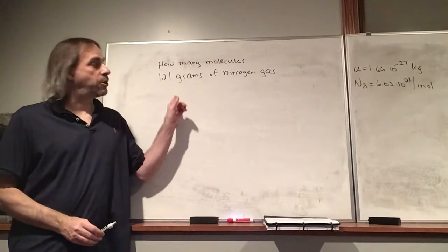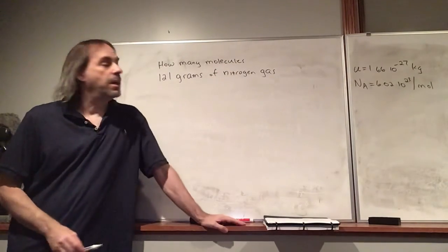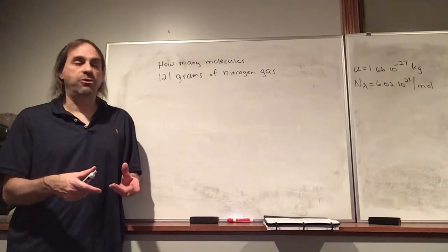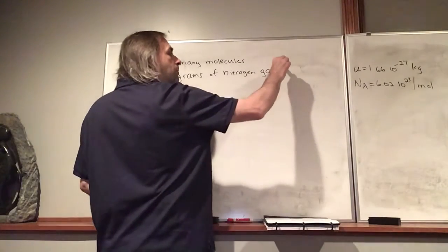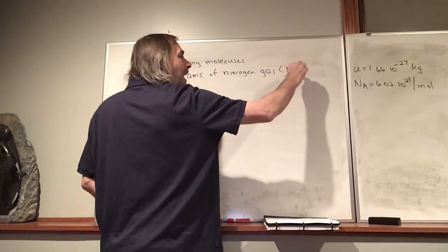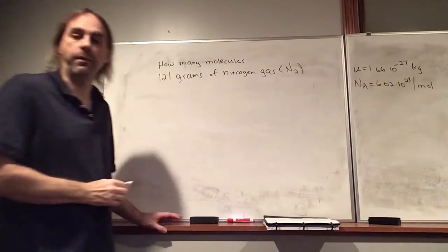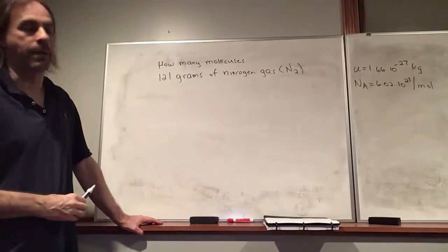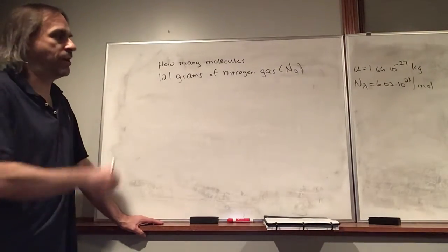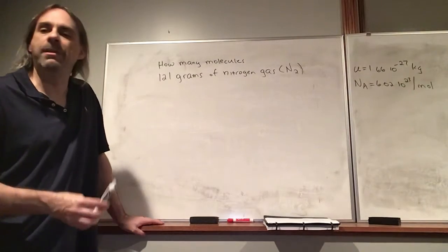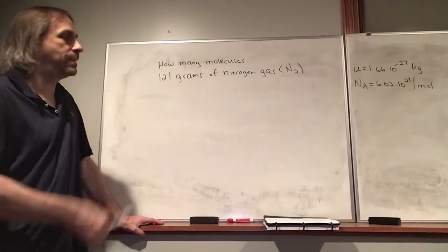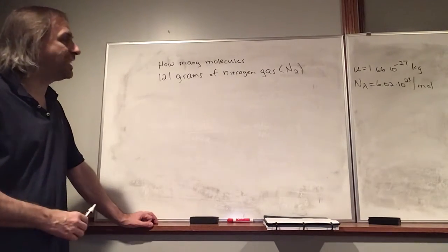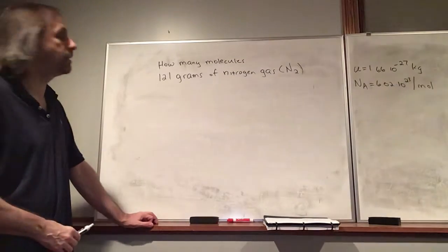How many molecules, that's a key word there, and another key word, nitrogen gas. If you have a gas of nitrogen, the nitrogen atoms bond with each other, and so we're talking about molecules, not atoms. Typically, that's what happens. Things like helium and neon are different. They're noble gases. They don't react with anything. But nitrogen gas would be diatomic.